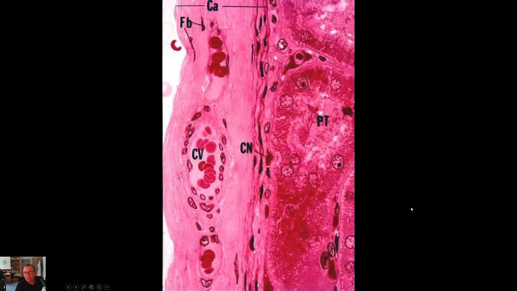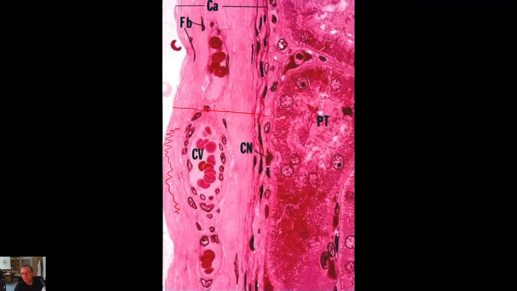Let's start with microscopy, with microscopic structure. The first layer, which is really on the surface of many slides, is a capsule, the fibrous capsule. You can see that it's quite thin, it's a high magnification here. Its superficial layer is composed of dense, irregular connective tissue.